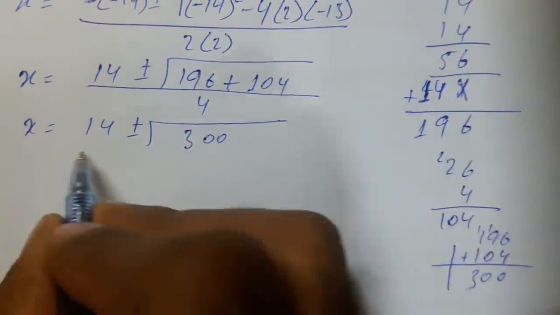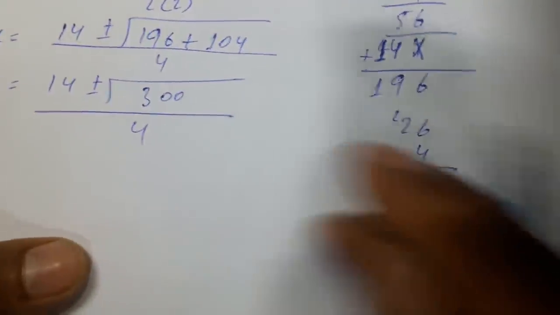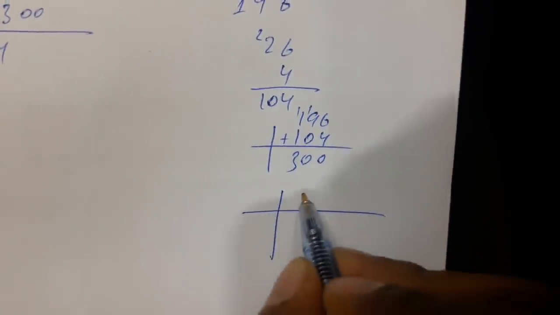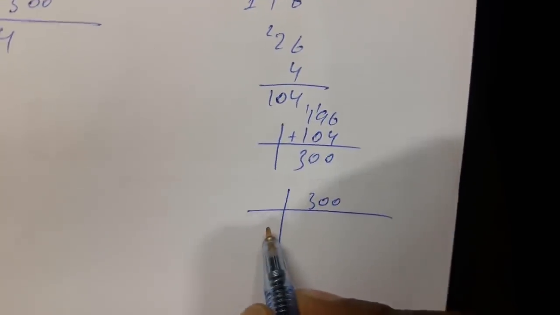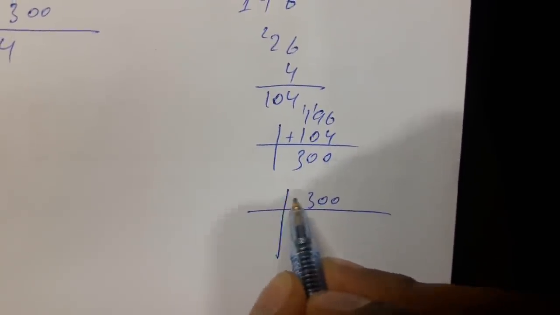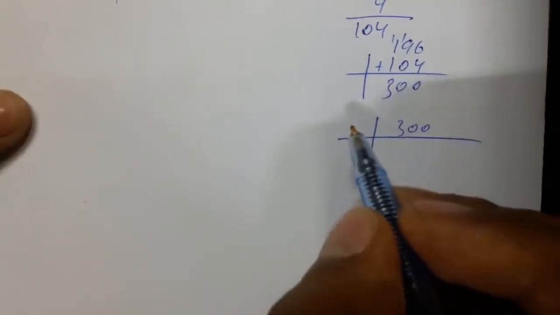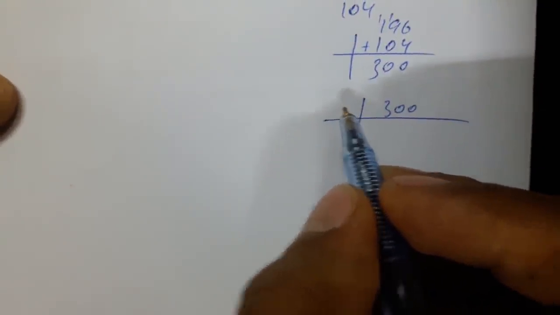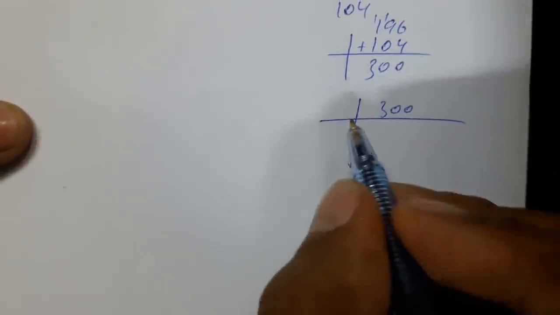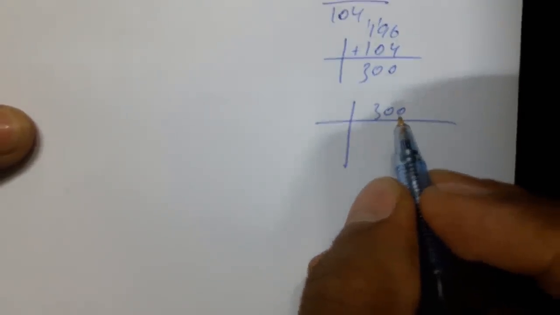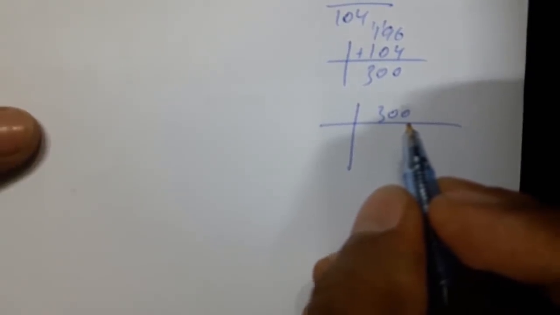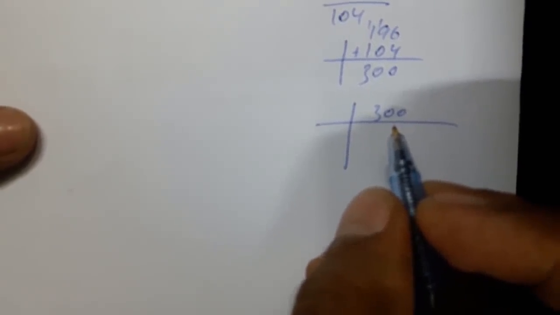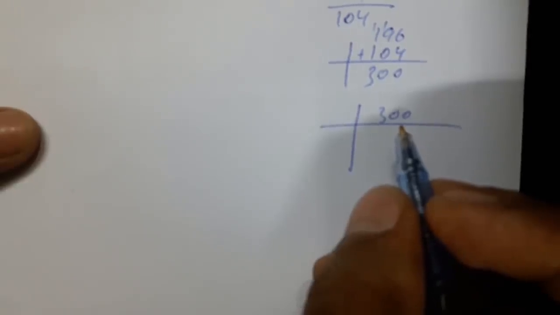Here it will become 304. 300 is not the complete square of any number, so we will find the square root of 300. So we will put 300 here, and we will find the square root. Remember that if the last number is 0, 2, 4, 6, 8, it can be divisible by 2.